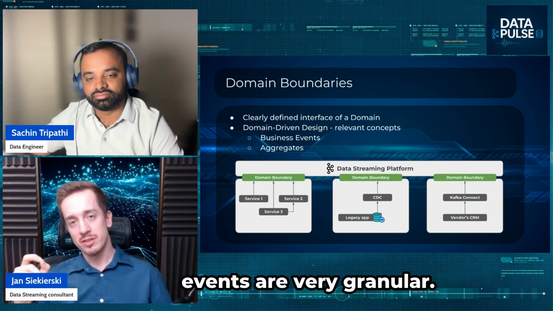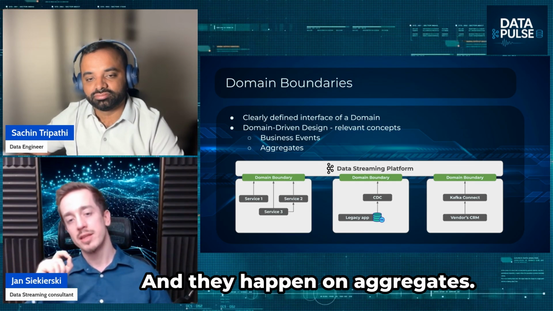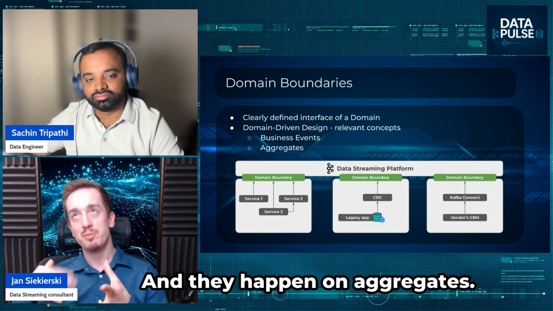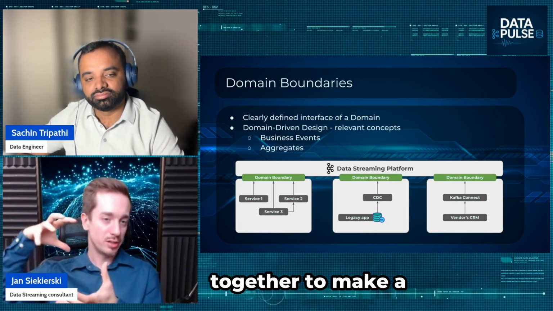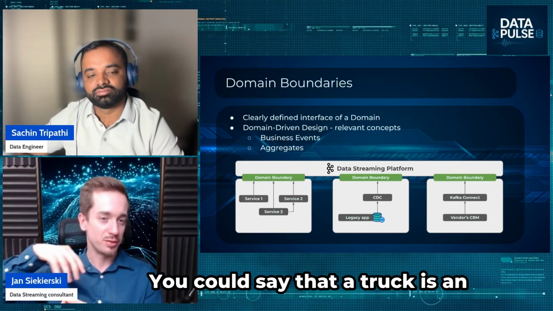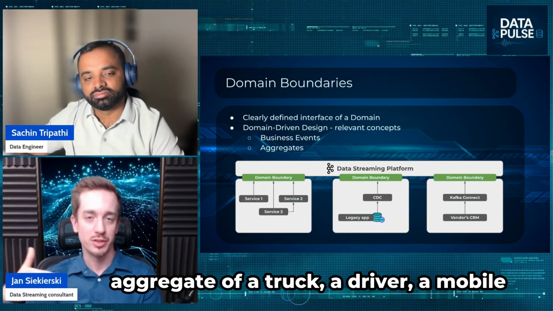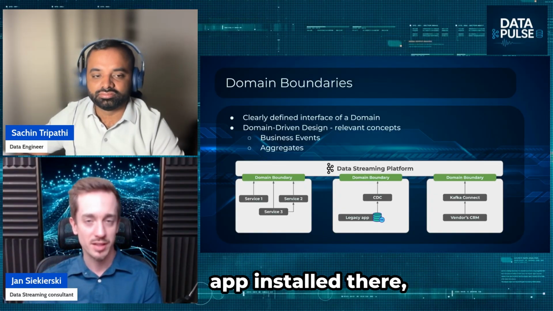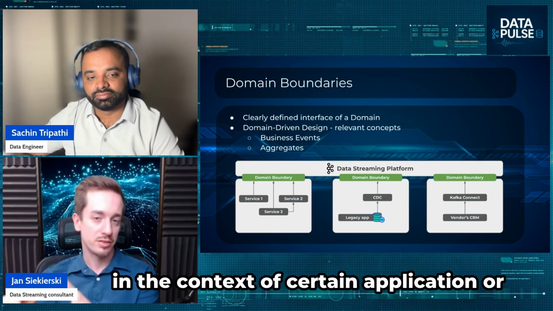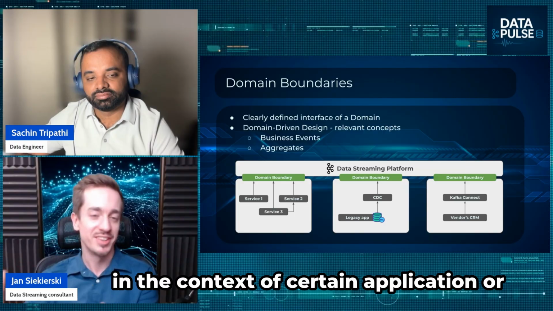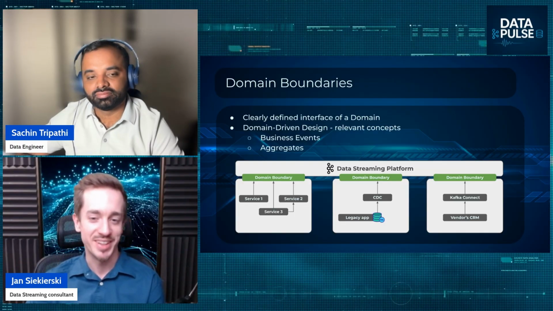And these business events are very granular, and they happen on aggregates, and aggregates are entities grouped together to make a whole that makes sense, right? You could say that a truck is an aggregate of a truck, a driver, a mobile app installed there, and the cargo, and maybe a few more things in the context of a certain application or a certain subdomain.